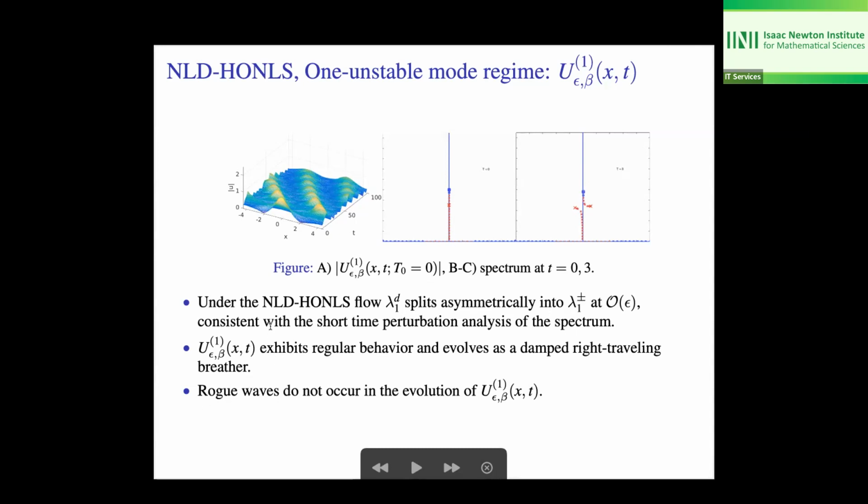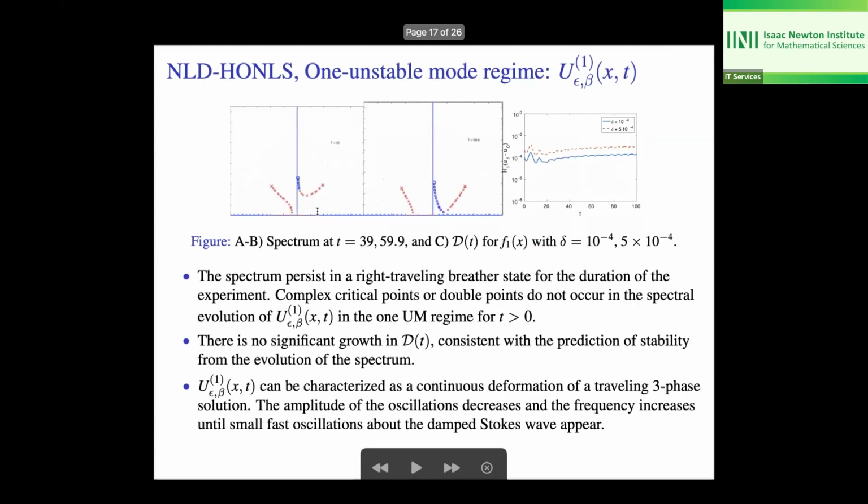And we see that U1 here in figure A, the amplitude of U1, exhibits regular behavior and evolves as a damped right traveling breather. There are no rogue waves in the evolution of U1. And the spectrum persists in a right traveling breather state for the duration of the experiment.